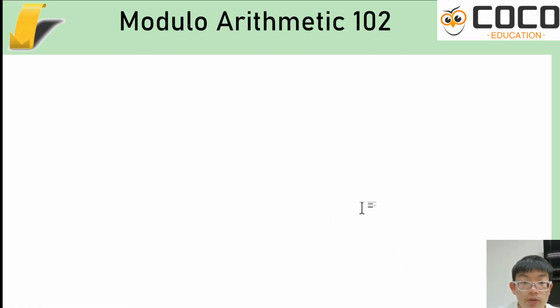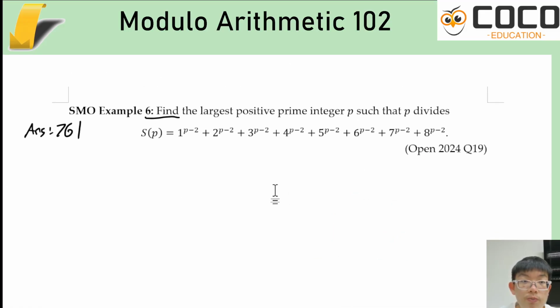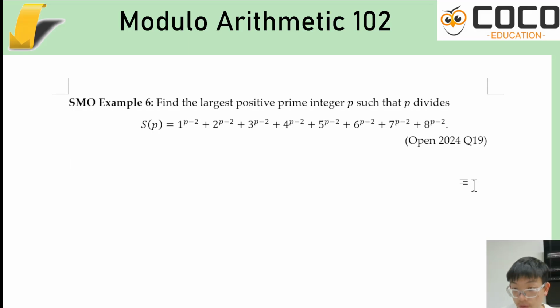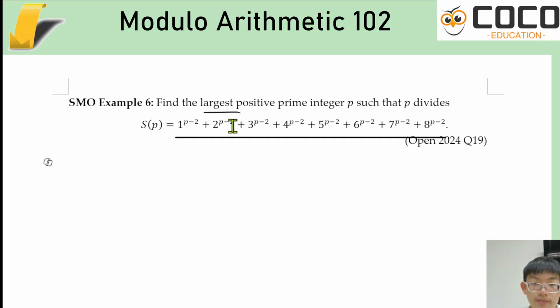An example would be this SMO open round 1 question from 2024, from this year, where I am asking you for what prime number divides this expression over here, and specifically the largest one, because let's say 2 already works.